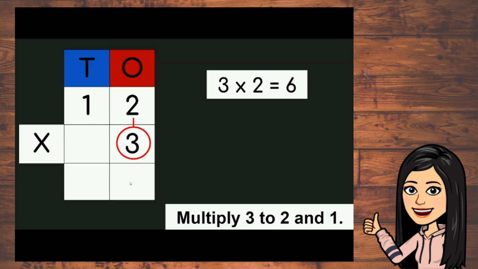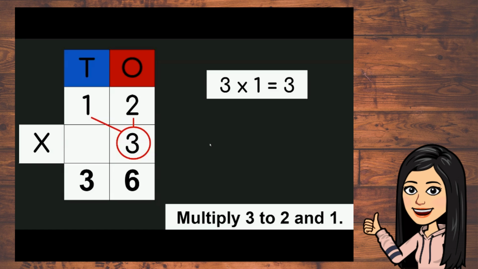So you have to put 6 here. Next is that you have to multiply 3 to the digit on the tens. So 3 times 1 is equals to 3. So you just have to put it down here. So the answer to 12 times 3 is equals to 36. Okay?